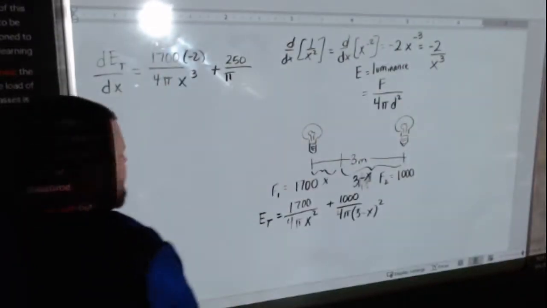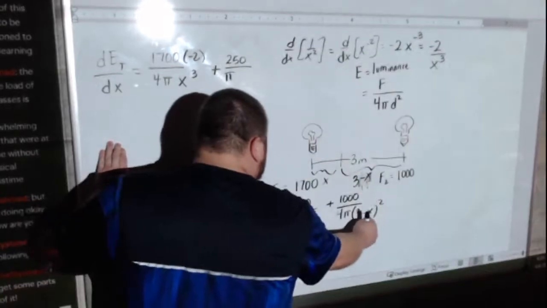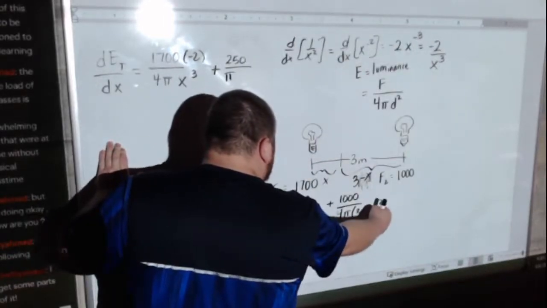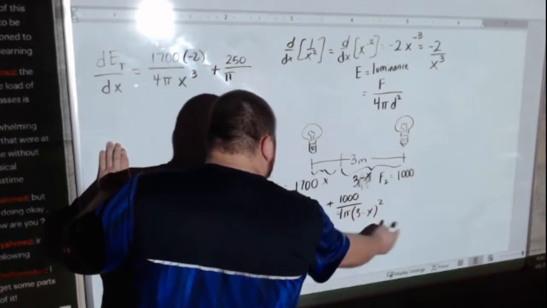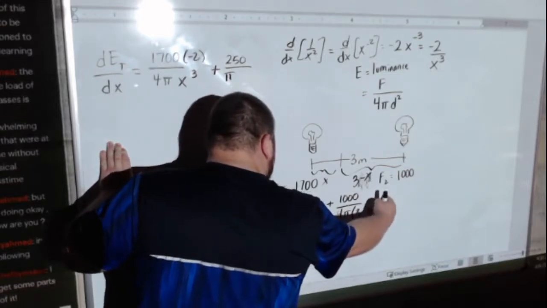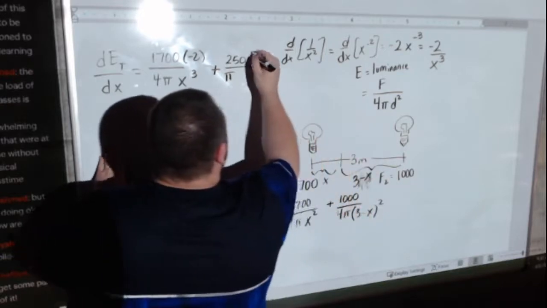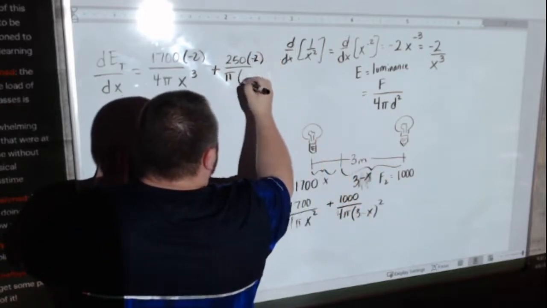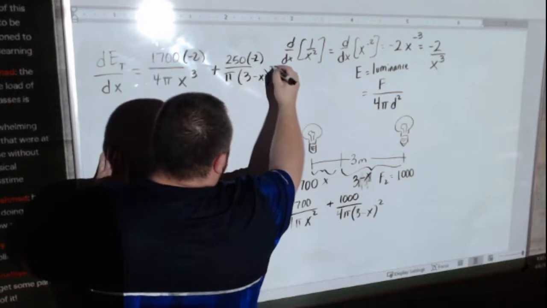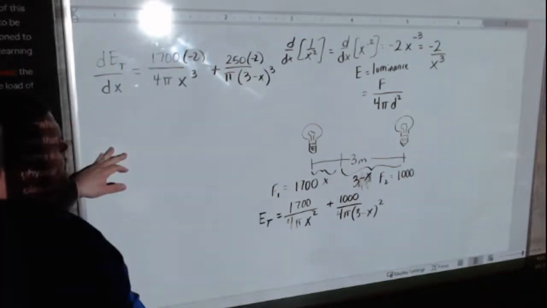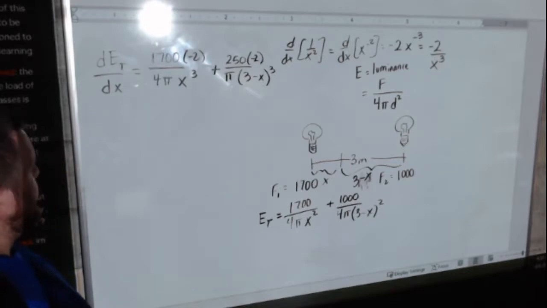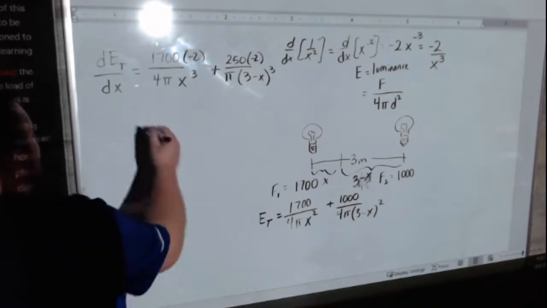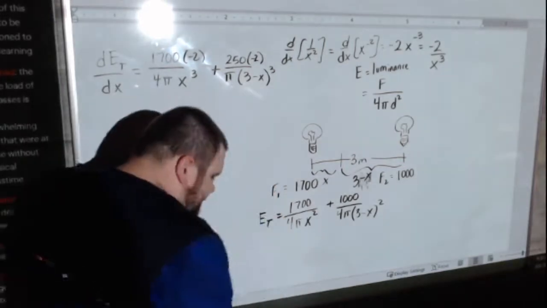Then I need to differentiate 1 over 3 minus x squared. Again, I would get 2 times this quantity, but to the minus 3. And I have to set this whole thing equal to 0.